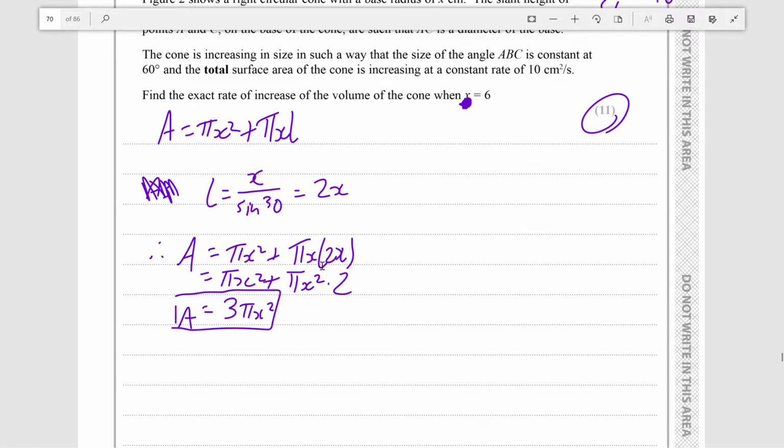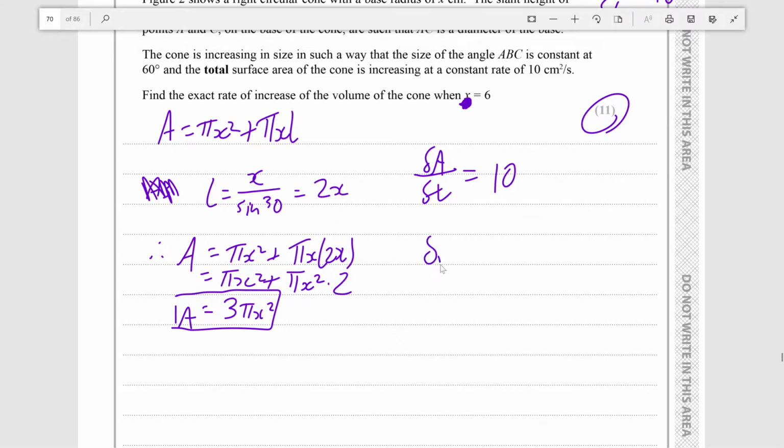Now, what you do next is we're going to try and find the change of x over time. So we know that dA by dt, or the rate of change of the surface area of the cone with respect to time, is equal to 10 all the time.